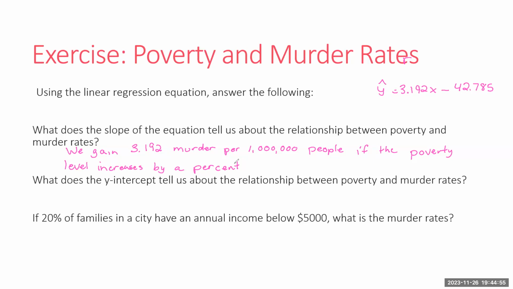What does the y-intercept tell us about the relationship between poverty and murder rates? Well, it's telling me that this is something useless. If the poverty rate is 0, we have negative 42.785 murders per 1,000 people. Or sorry, not 1,000, 1,000,000 people.